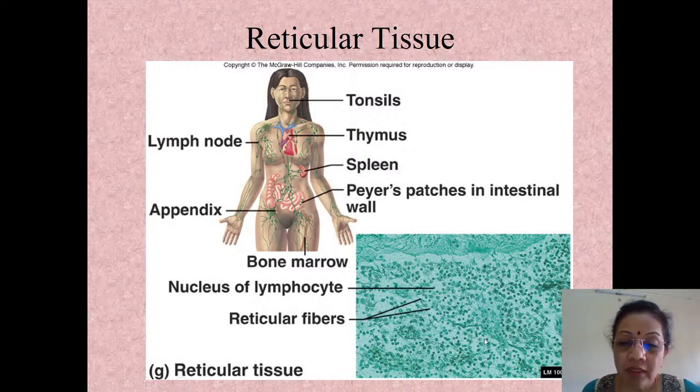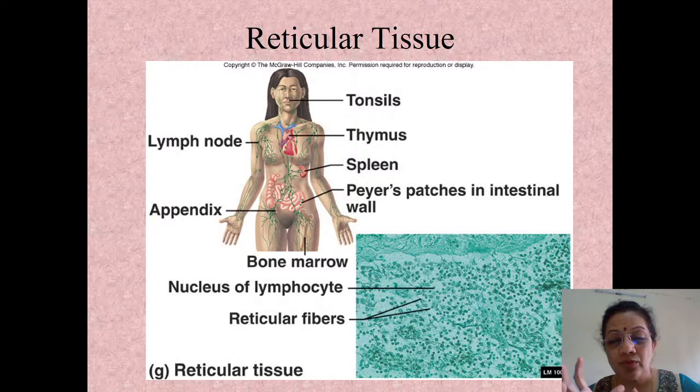And in that network of highly metabolic organs, this rich reticular network is going to support and hold together these bunches and bunches of cells. So that's where we stopped last week.